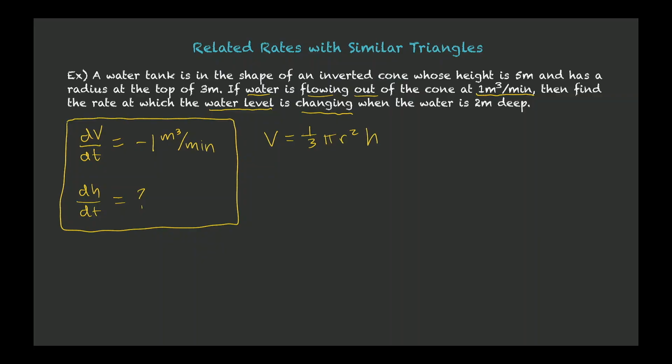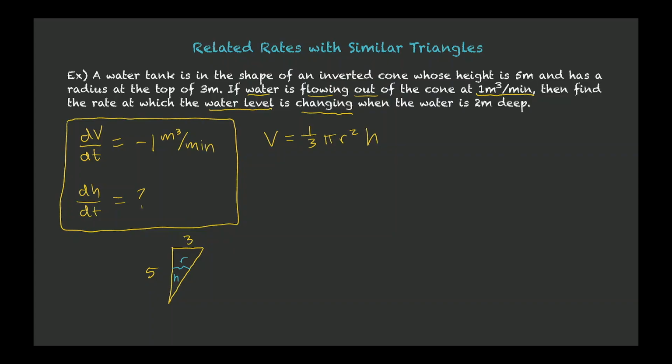And how do we do that? Well, we use the fact that the water is sitting inside of a cone, which they say is initially 5 feet high and has a radius at the top of 3 meters. And then the water has to sit inside of here at a given radius and a given height. And because it's sitting inside this cone, the radius and the height will be in the same proportion as the outside cone.